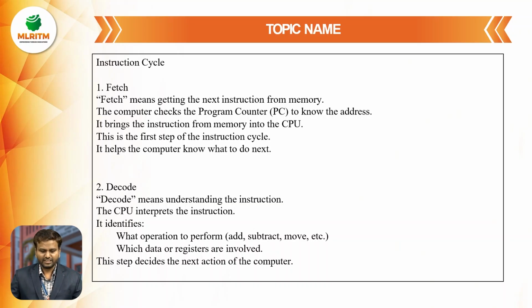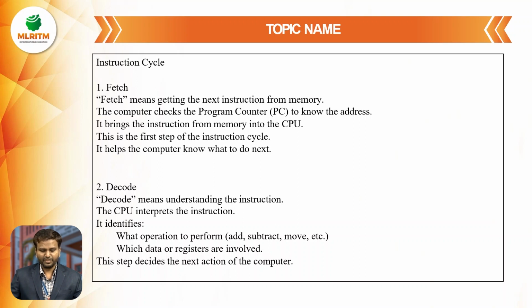The computer checks the program counter to know the address. The program counter checks the address of the instruction to be executed, where it is located exactly, and brings the instruction from the memory into the CPU.